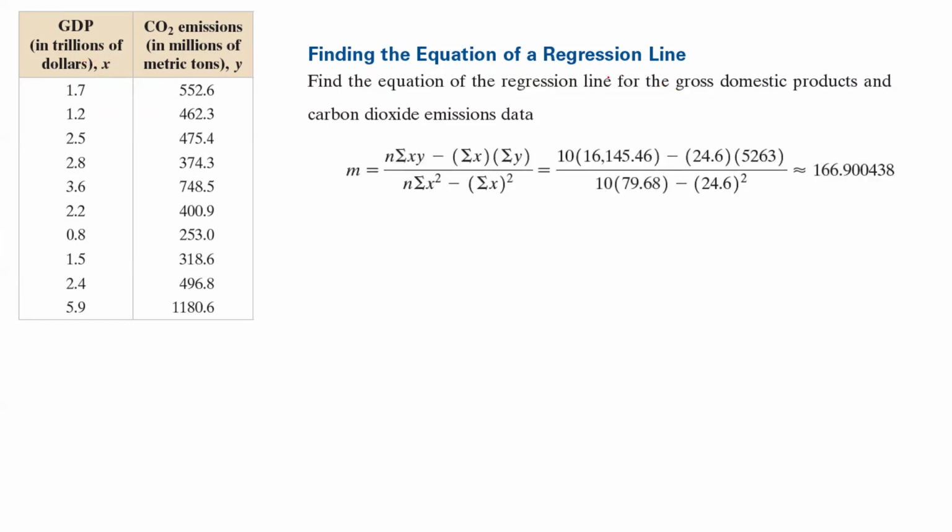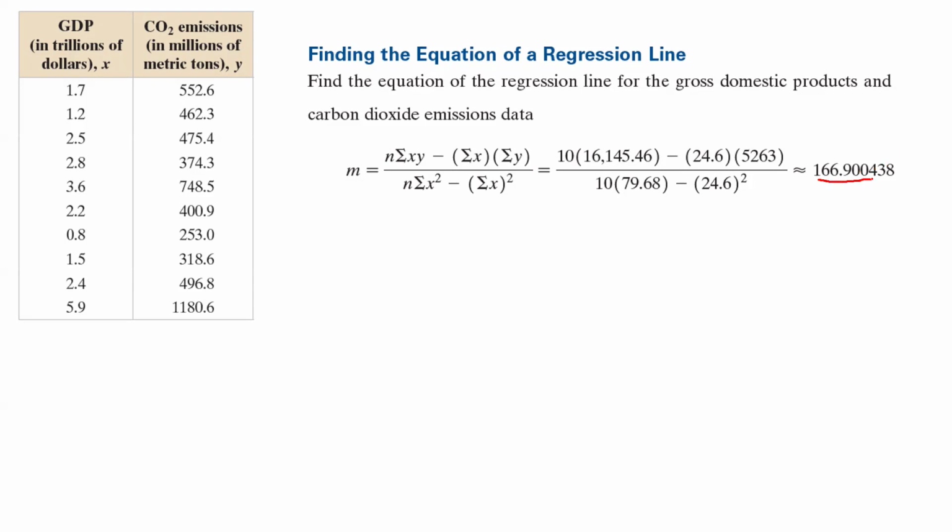What are we going to do? We're going to follow the formula. m is equal to n times the summation of xy minus the summation of x times the summation of y, divided by n times the summation of x squared minus the summation of x to the second power. These are the calculations that we did before. So we just punch them into the calculator.